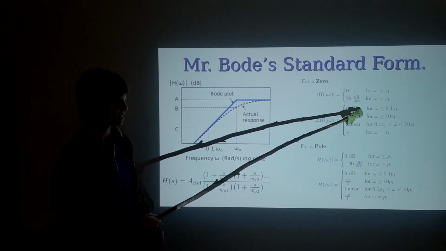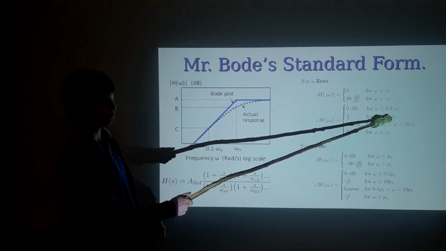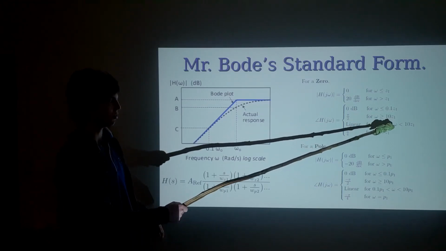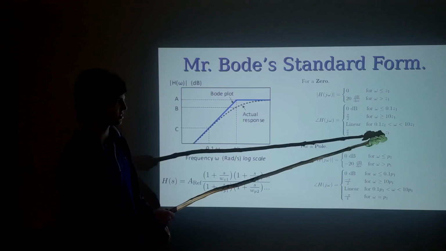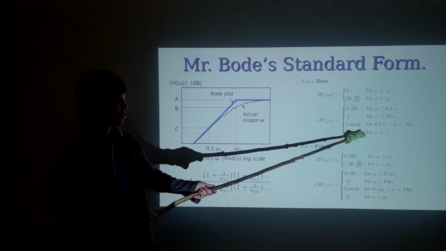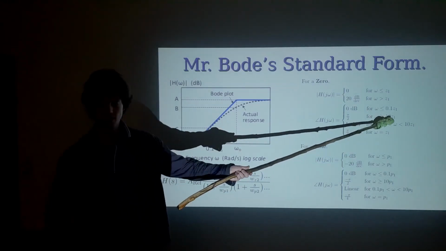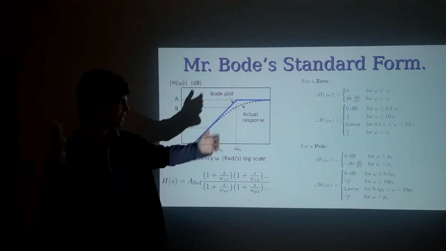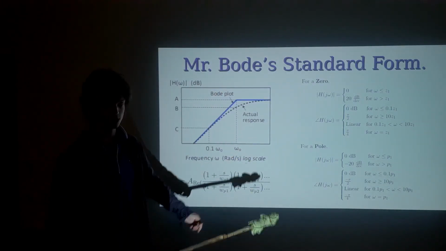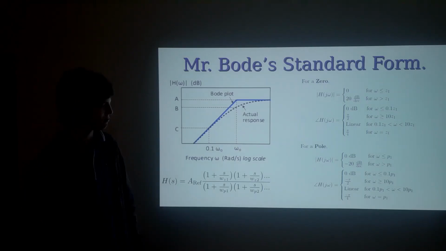It's 0 for omegas less than 0.1 times the position of the zero. It's linear between 0.1 and 10, and it's exactly pi on 2 for omegas greater than 10 times the position of the zero. Look, these are the straight lines that Mr. Bode has drawn for us right here, and for some reason we have to use them.